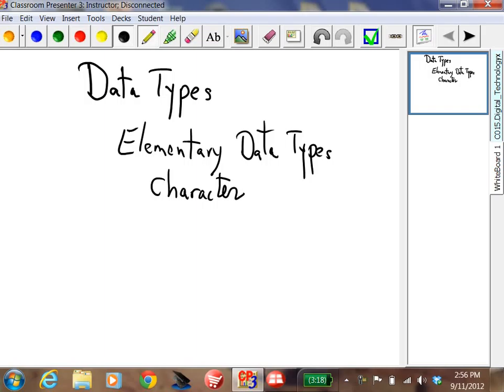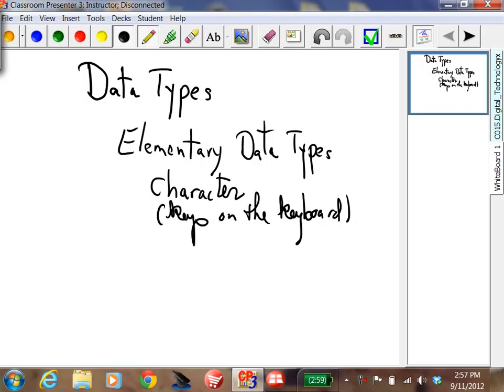It's the stuff that's on the keyboard, basically the keys on the keyboard. Put a string of these characters together and that's called text. I don't think of text as being elementary. Text is a bunch of characters, but the elementary data type is the character itself.